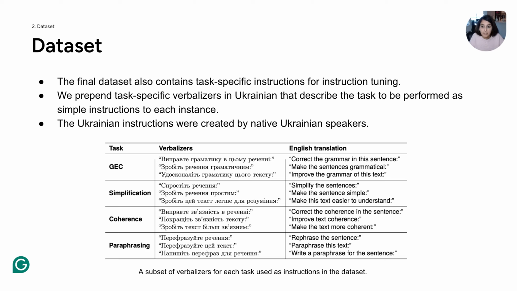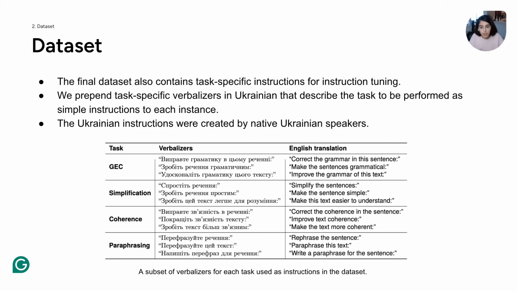Let's talk about adding instructions to that data, because just having an input-output pair doesn't allow the model to get instruction tuned. So we append instructions to each of these input-output pairs, but just to the input side, so that the model knows exactly what to do. We call them verbalizers.